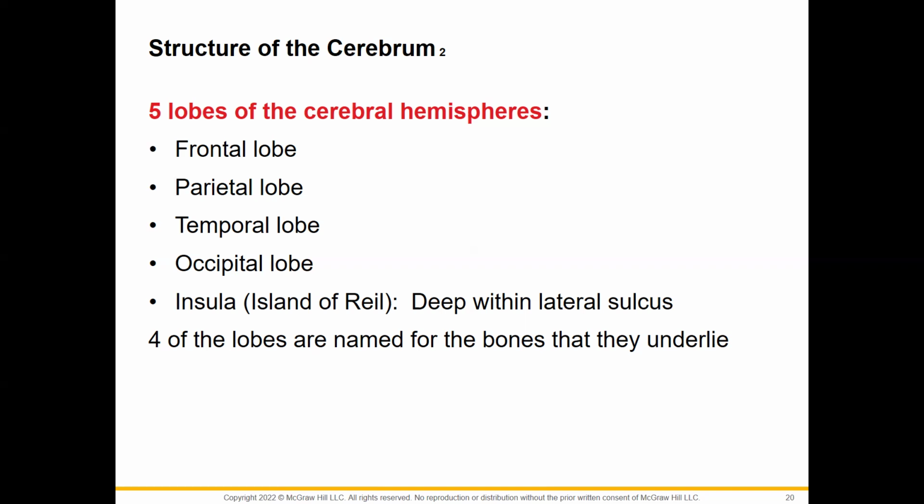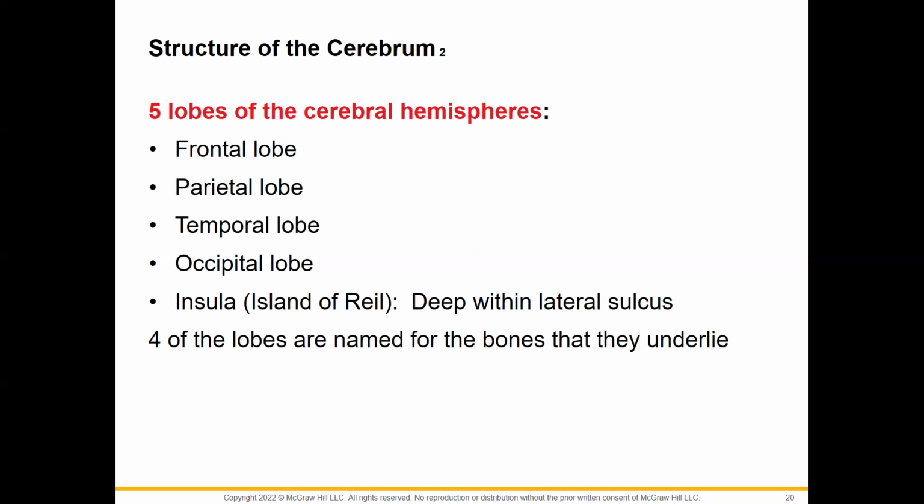So the frontal lobe is protected by the frontal bone. Parietal lobe is protected by the parietal bone. Temporal lobe, protected by the temporal bone. Occipital lobe, protected by the occipital bone. The insula is something that we haven't seen before. It's also called the island of Reil.